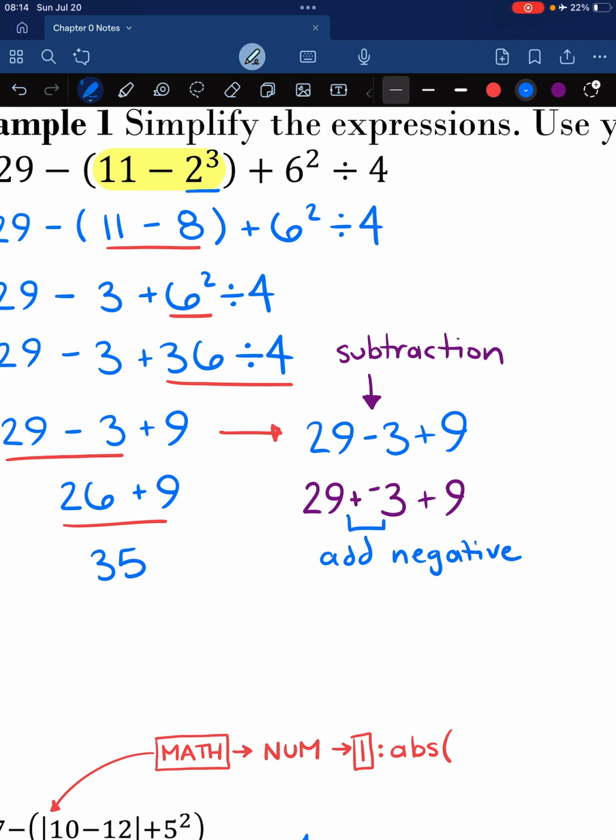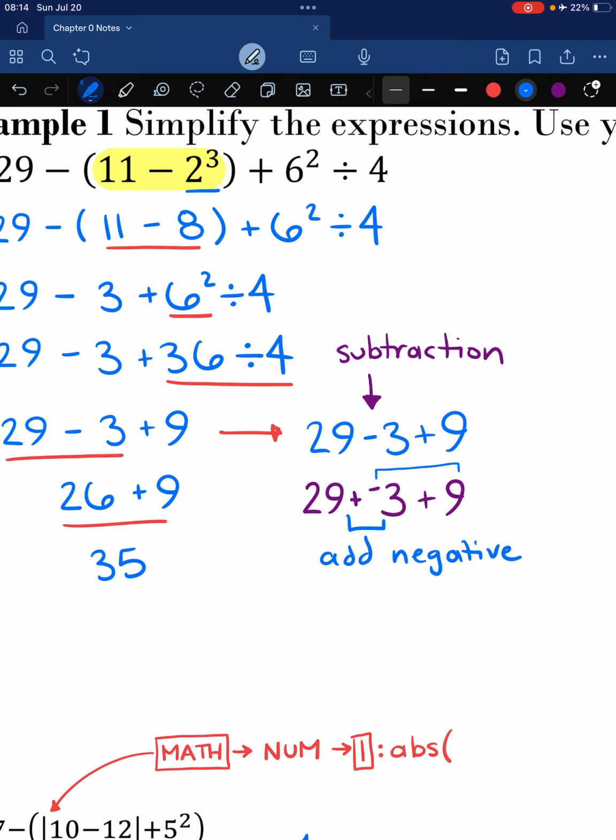And this isn't something that you actually have to do in every problem. I don't want you to have to change subtraction into adding a negative. It's kind of an unnecessary step, but it is something that you need to recognize, that those really do mean the same thing. And that's why we do addition from left to right, to avoid those mistakes where we can now combine these first, but notice I'm combining 9 and negative 3.